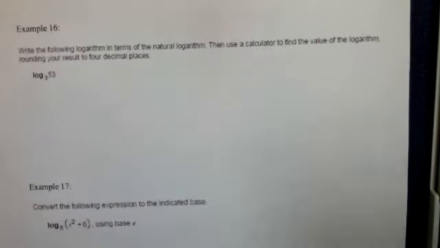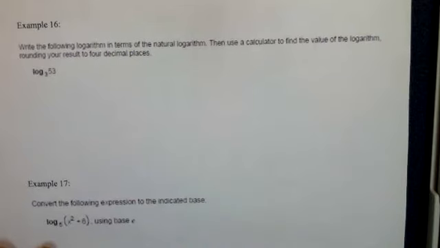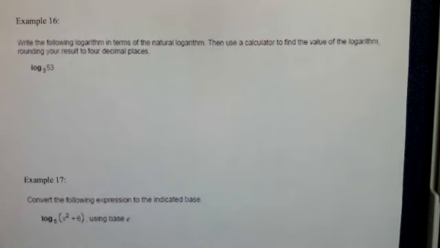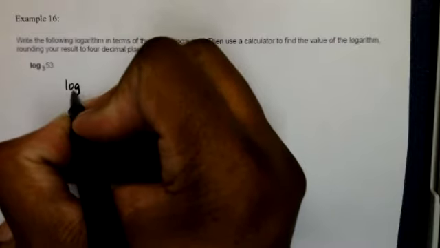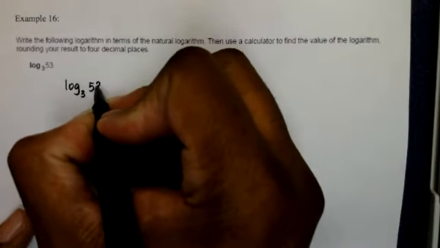Okay, on the next page, also using the change of base rules here. Say we have log to the base 3 of 53. I'll go ahead and write this out.